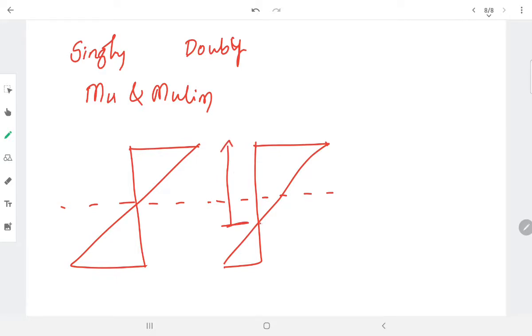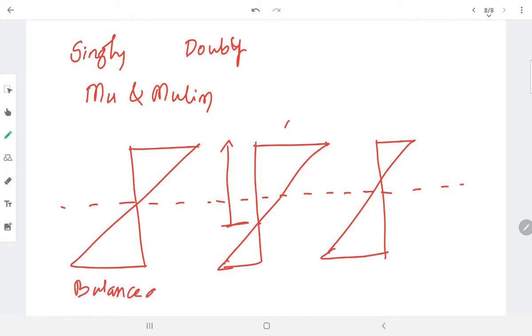Here the strain at the top is more and at the bottom is very less. And a third case arises, where the strain at the bottom is more and the strain at the top is very less. This is the balanced section; earlier we called this the over reinforced section and this one the under reinforced section.